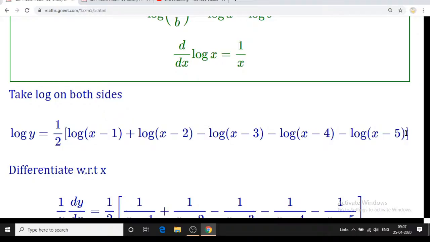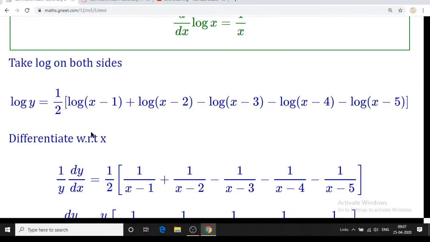Now we'll differentiate, because we know the derivative of a log is 1 upon the bracket. So the first derivative of log y is 1 upon y dy by dx, equal to half. The derivative of log of x minus 1 will be 1 upon x minus 1 plus 1 upon x minus 2 minus 1 upon x minus 3 minus 1 upon x minus 4 minus 1 upon x minus 5.